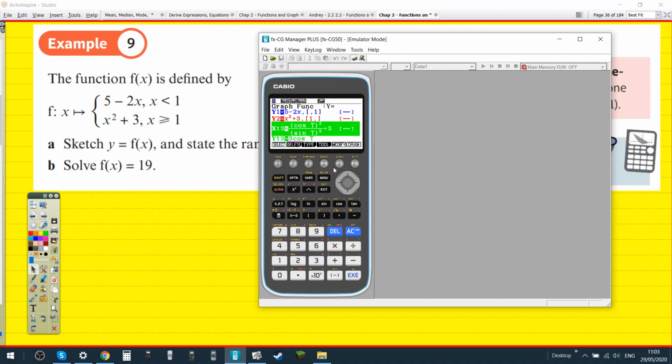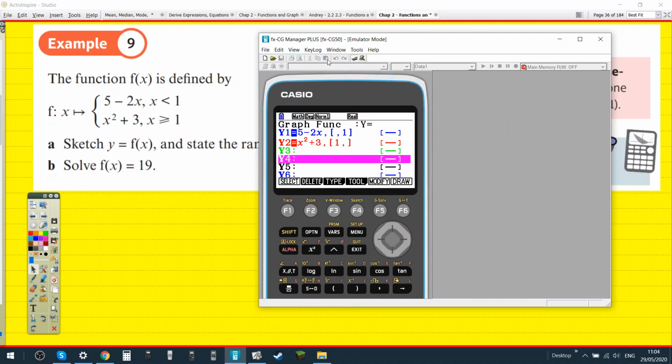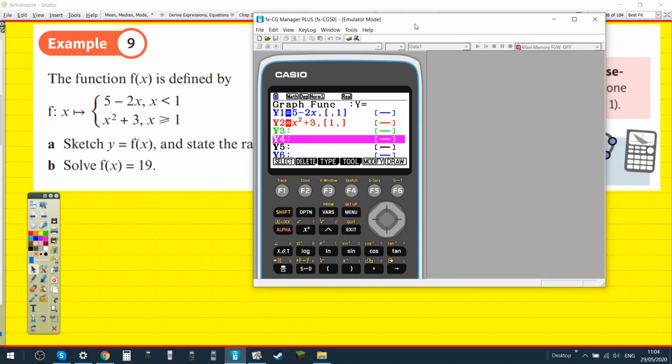And then when you graph that, you should see it in 2 pieces. I just want to delete this other stuff. And did that work for you? Do you have it on your calculator? No, I'm sorry. Alright, hang on, I'll just make this a bit easier to see.